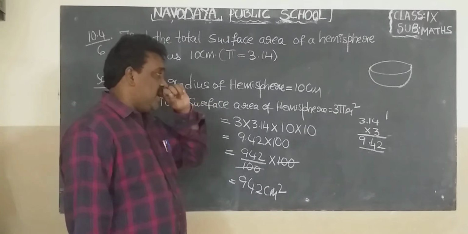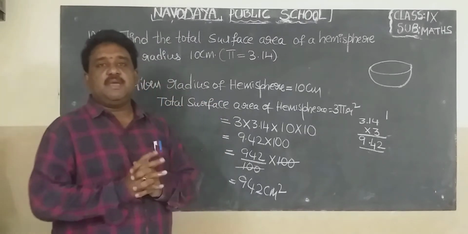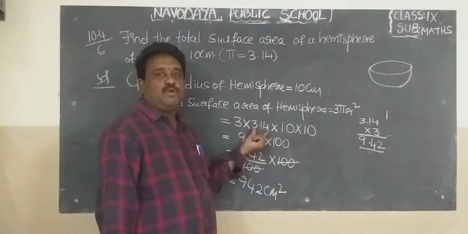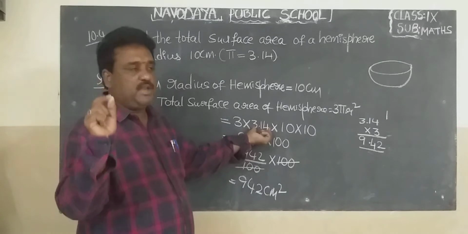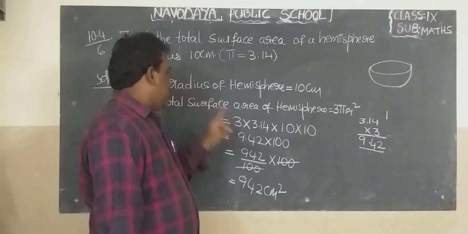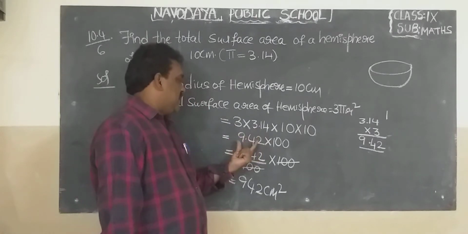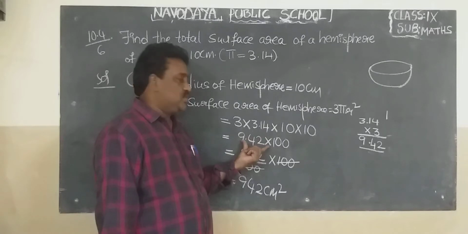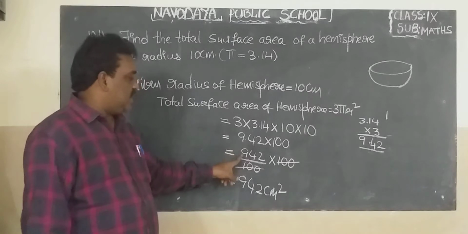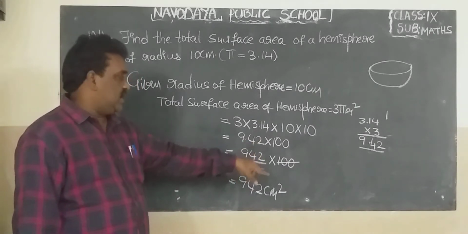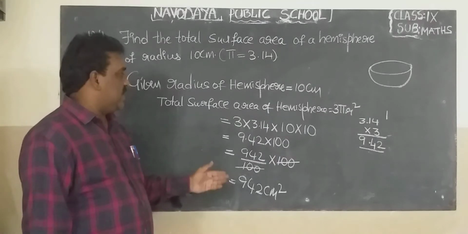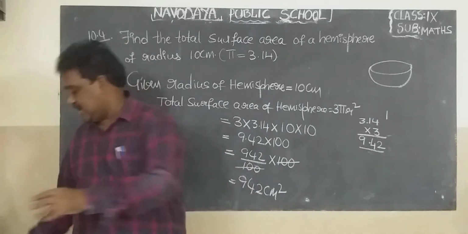Total surface area of hemisphere formula 3 pi r square. 3 into pi value 3.14 into r square, 10 into 10. 3 into 3.14, multiplication 9.42 into 100. 9.42 is written as 942 by 100 into 100. 100 cancels. 942 centimeter square. That is about problem number 6 in 10.4.